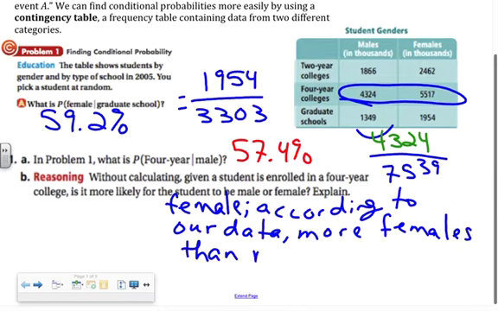There's more females than males at a 4-year college.